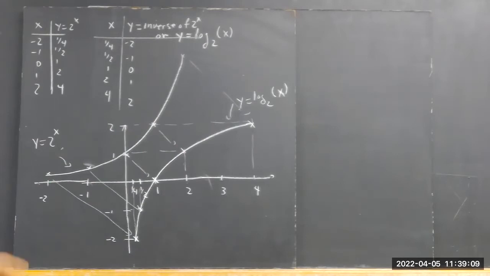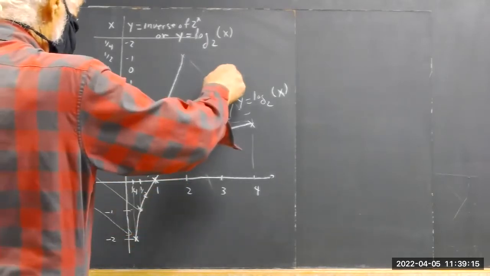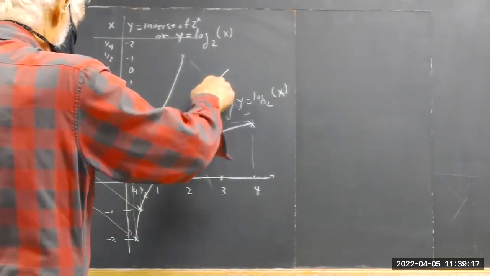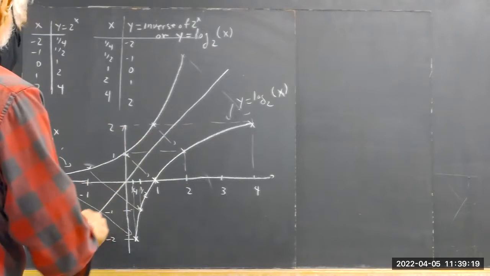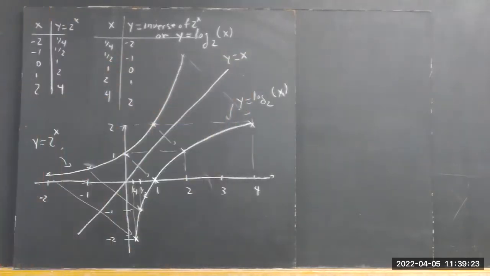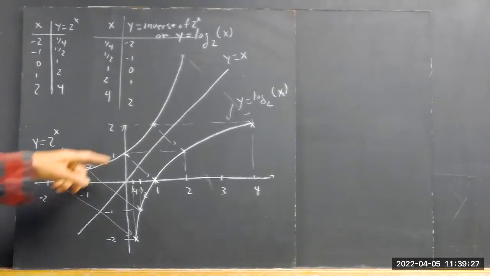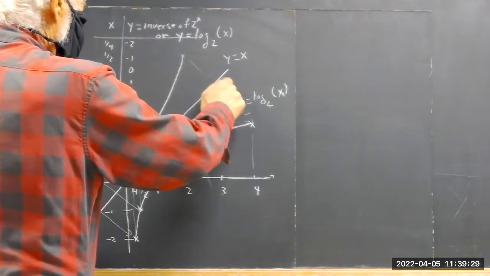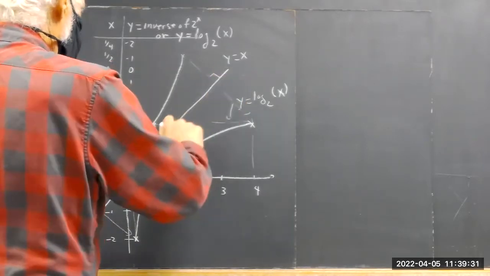Now, if this graph is drawn accurately with equal scale, then the line y equals x will split these graphs right in half. And every one of these lines here will cross this line y equals x at a right angle.